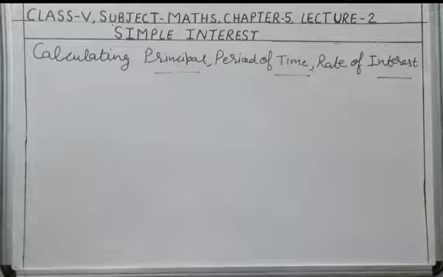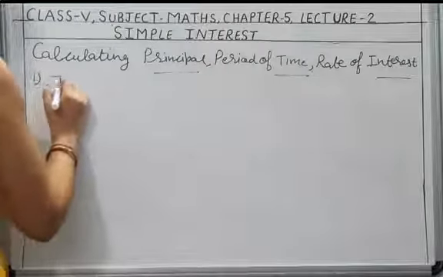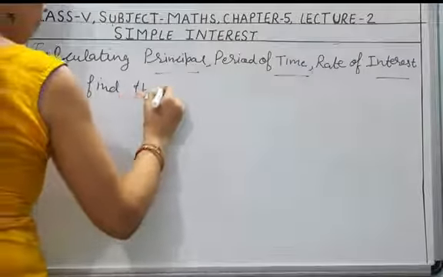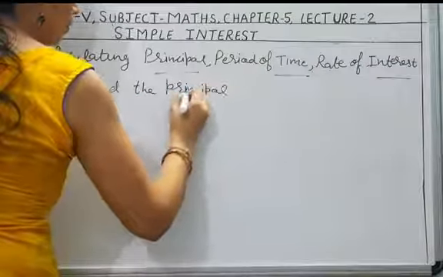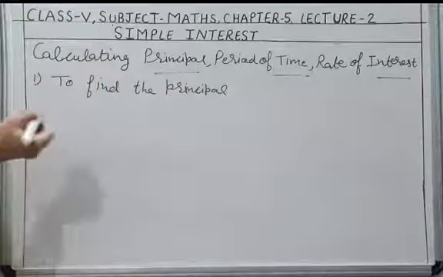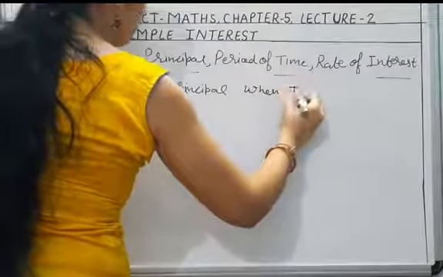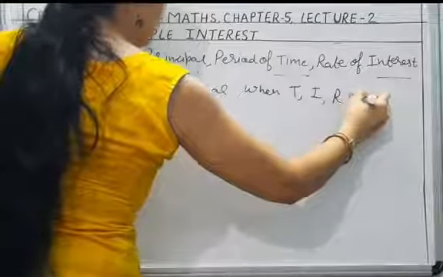First is to find the principal, when time, interest and rate are given.